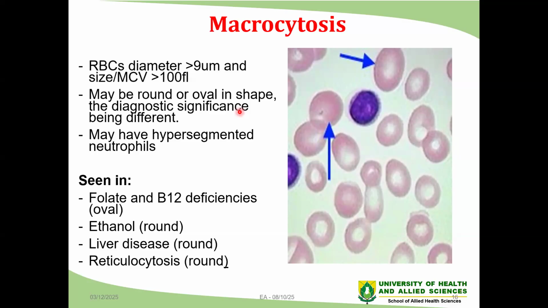And the shape the macrocyte takes will lead you on to make other diagnoses. So one, if you have folate and vitamin B12 deficiency or both, you are most likely to have oval red cells, oval macrocytes.